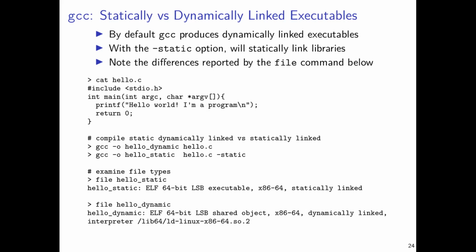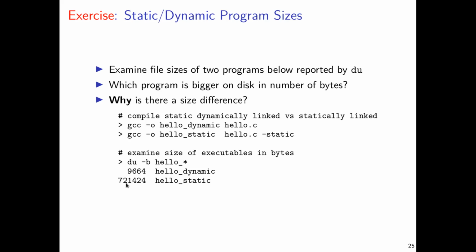This isn't by virtue of me writing a lot here, but by virtue of me making use of this printf function, which is part of the standard C library. If that is to be included in this executable, then the definition for printf and any supporting functions have to be copied into this static executable. You can see that that takes a significant amount of space, 60,000 some bytes, maybe 63,000 or so, if we're being specific. Versus the dynamic executable will not have definitions for those things, printf.